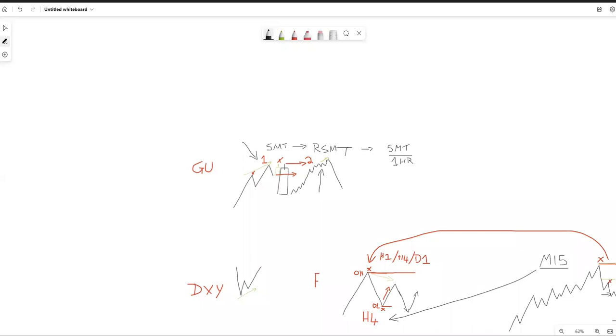I would only look on a 1 hour, but all of what I'm showing you is somehow interlinked or interchangeable with one another. There are slight variations of what I'm showing you, but if you know what you're looking for, you're going to find quite a lot of setups.